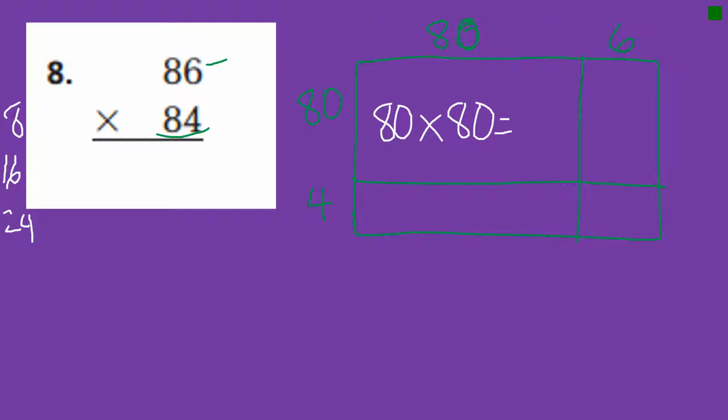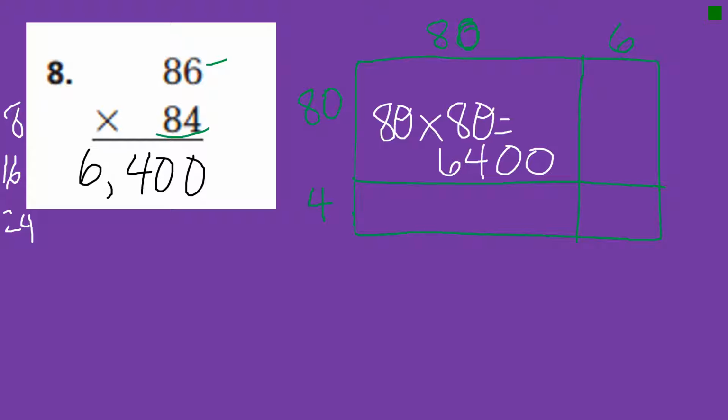Don't just freeze at 8 times 8, though, because you know it. So 8 times 8 is 64. 1, 2, 1, 2. Woo, that's a big one to start with. 6,400 is our first partial product.